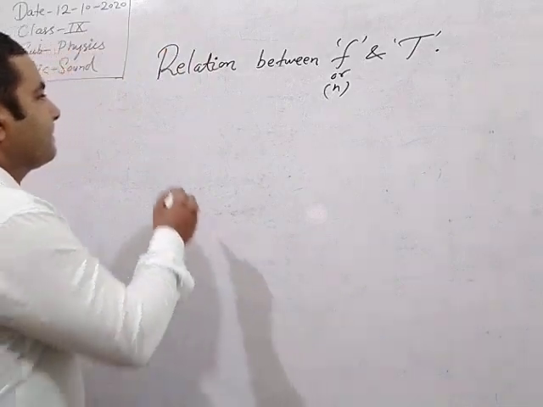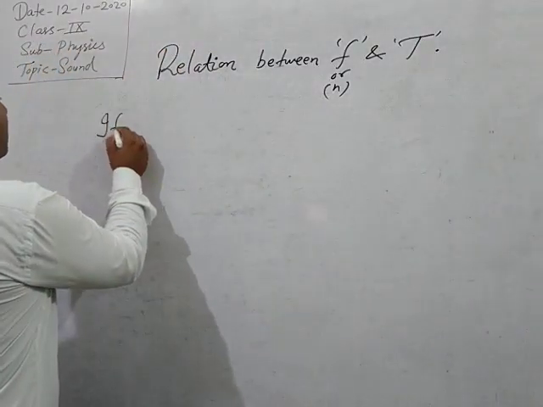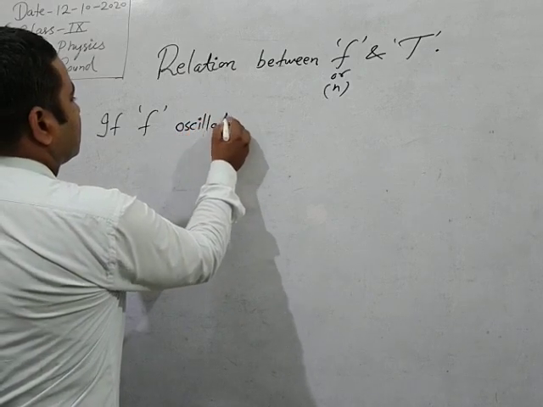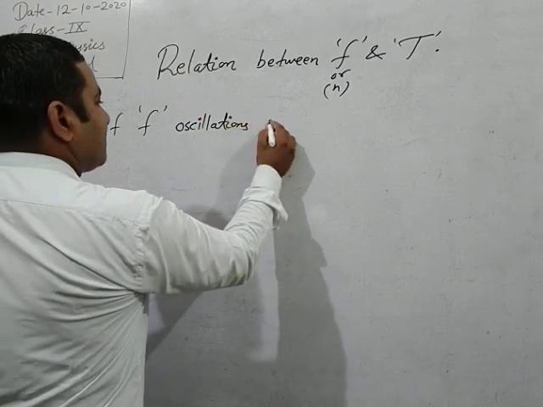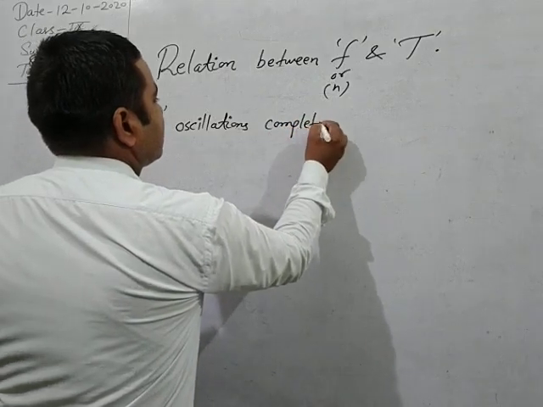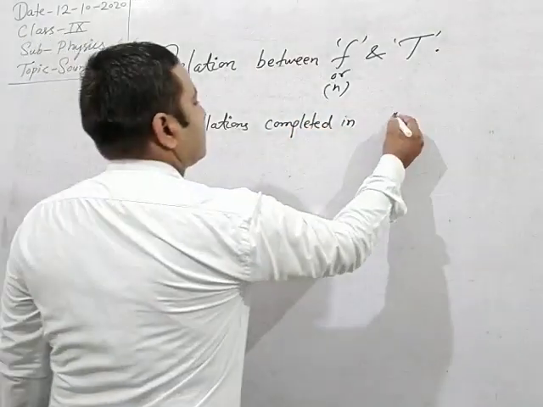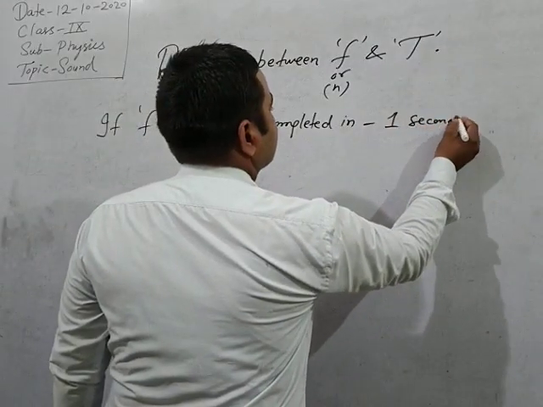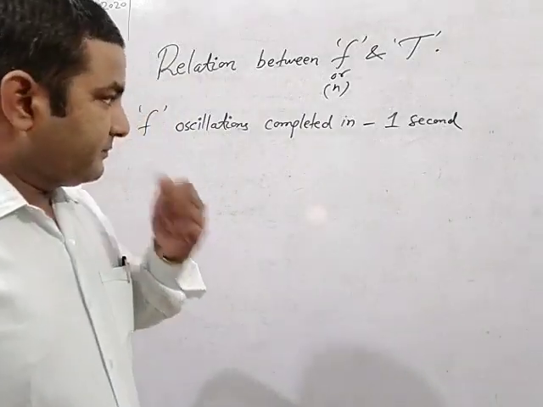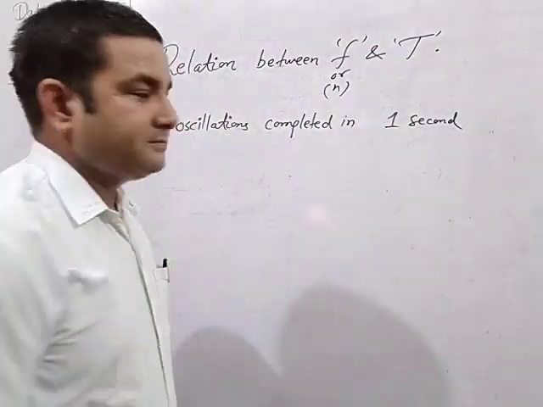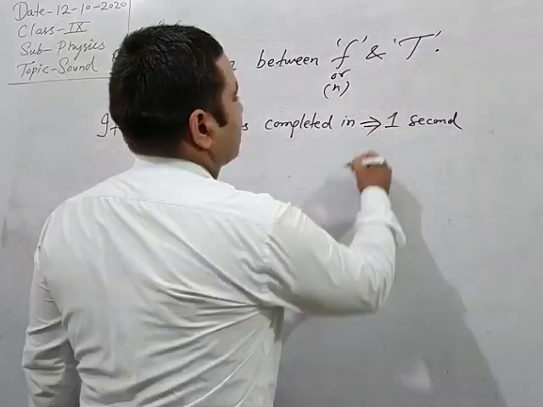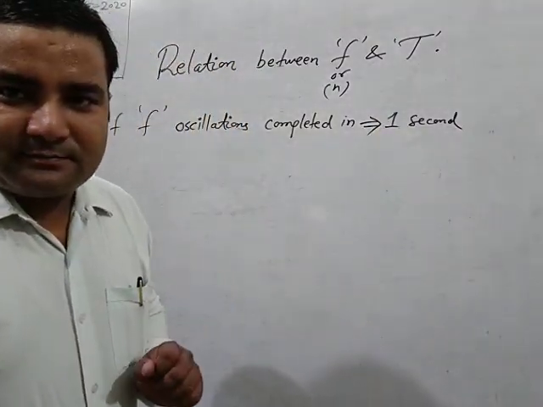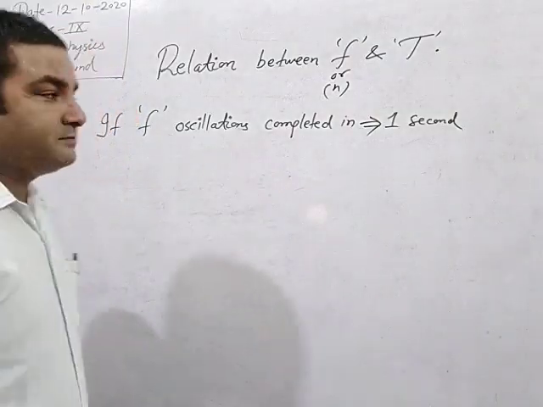Just see, if f oscillations are completed in 1 second, then the time of one oscillation is 1 upon f second.